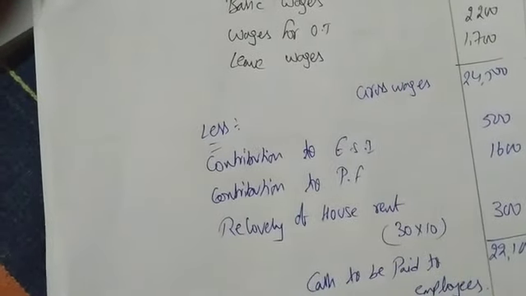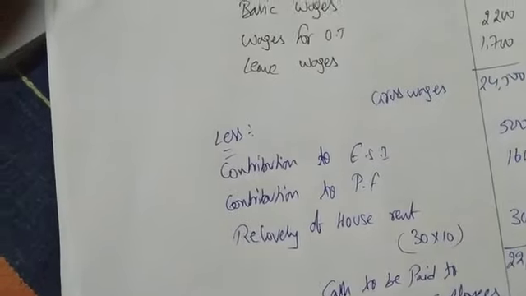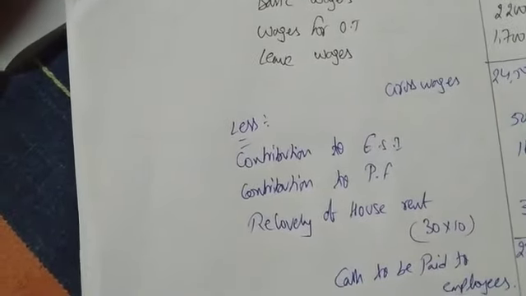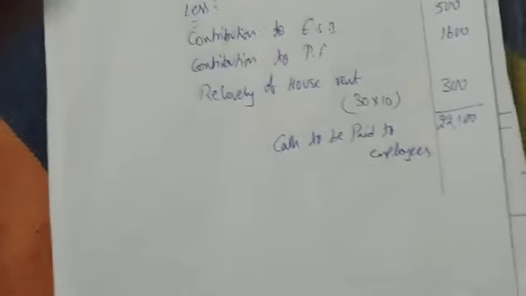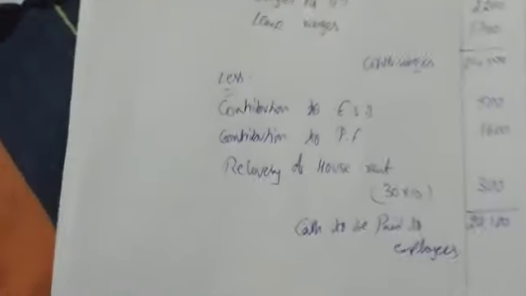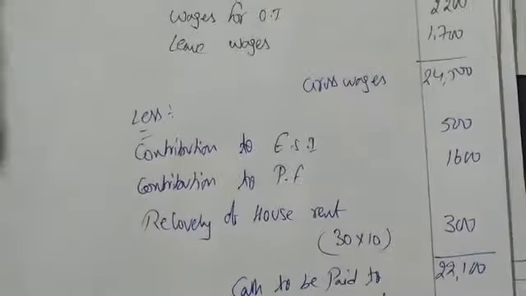From 24,500 you deduct all these three amounts, you'll get 22,100. That is the cash to be paid by the employer to the employee per month. Okay, simple.